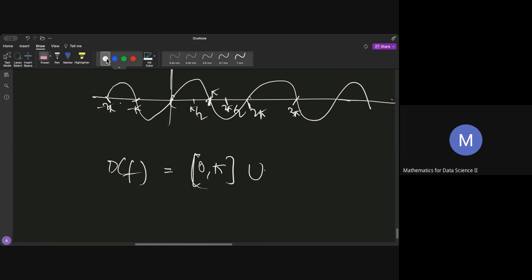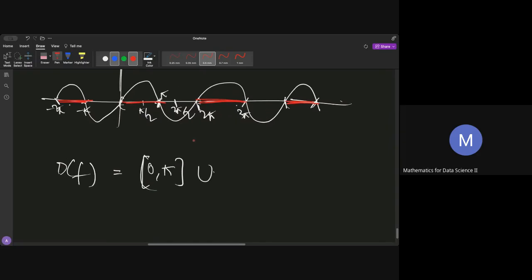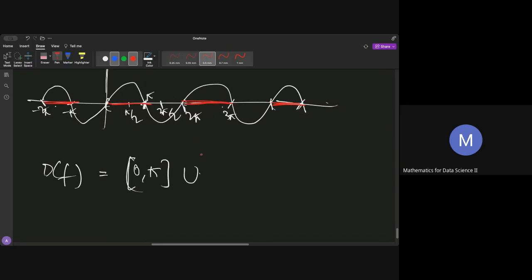Sine takes positive values in 0 to pi, then 2 pi to 3 pi, and it keeps going on.